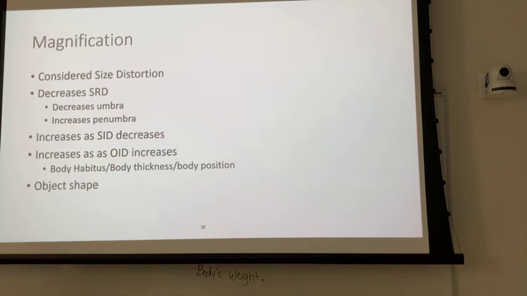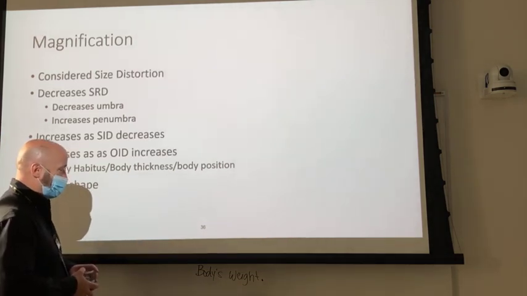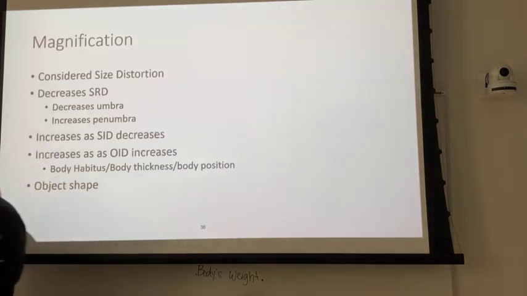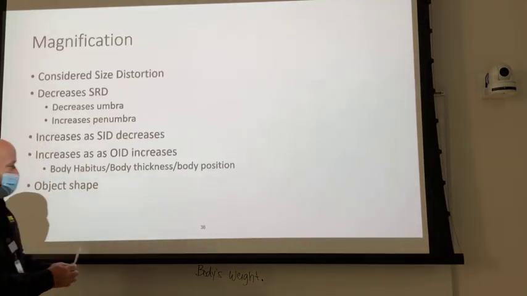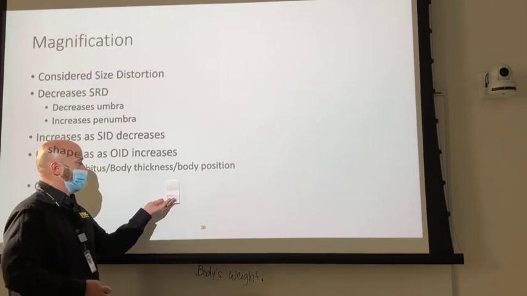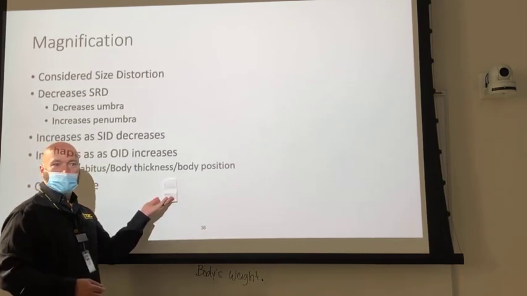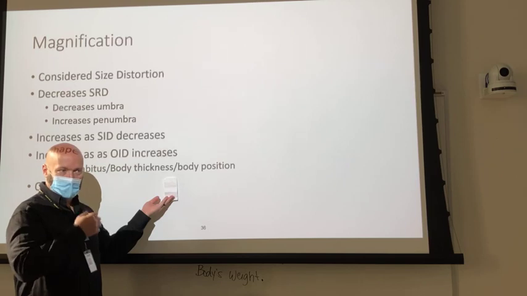But also object shape. We have a number of different things to consider in object shape. If I have something that's very flat, like a piece of paper, and I put it right up against the screen, how much magnification of that paper are we going to see? Not much.